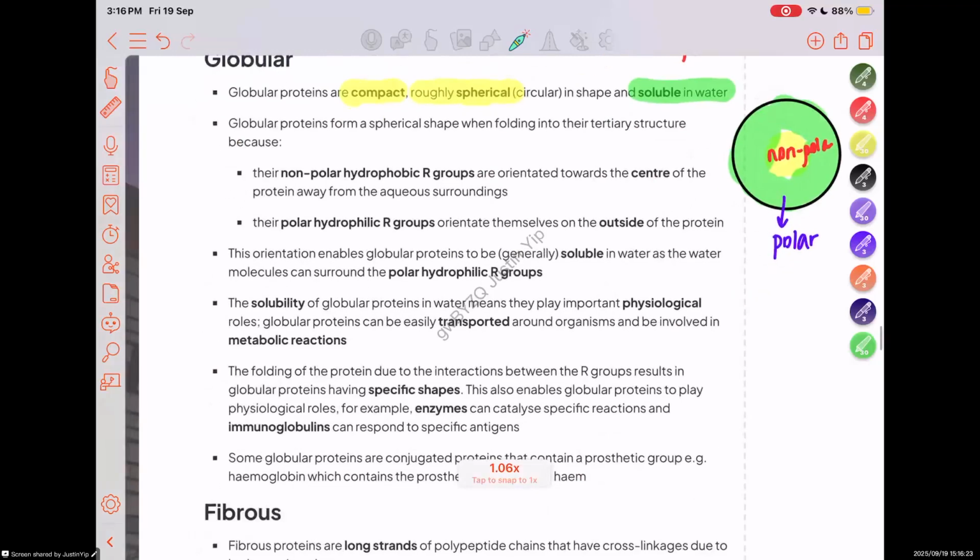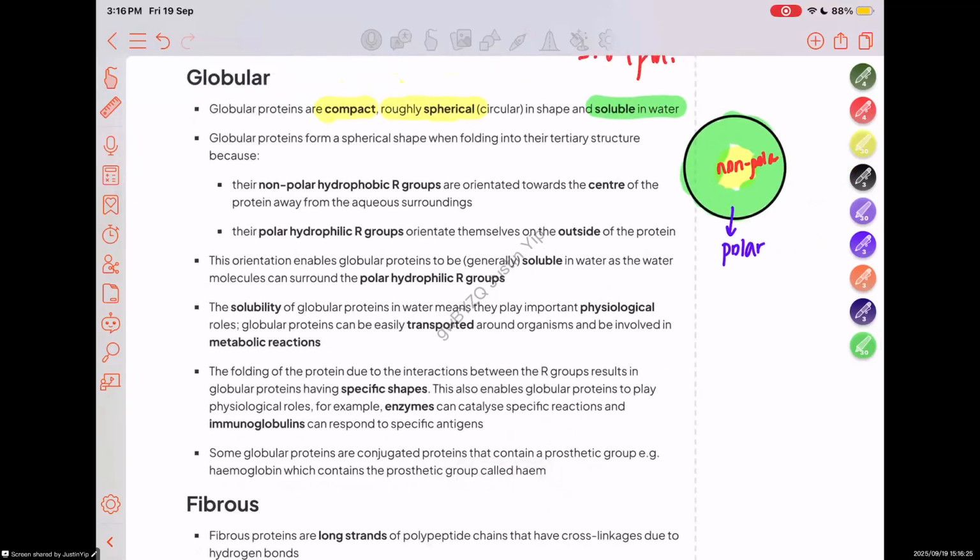So you see, the purpose is this part. The orientation enables globular proteins to be soluble in water, as the water molecules can surround the polar hydrophilic R groups.